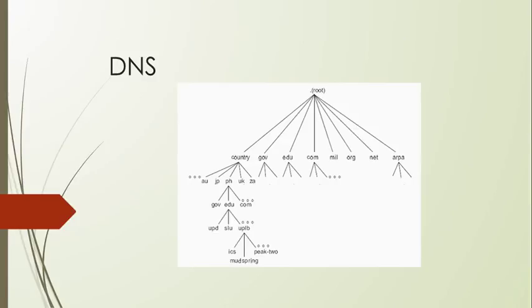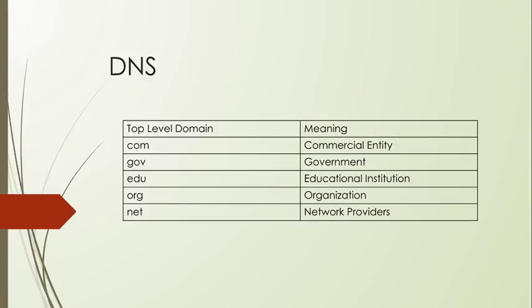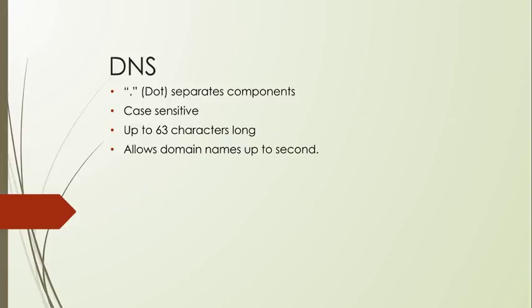So here are some of the top level domains. It's .com for commercial entity, .gov for government, .edu for educational institution, .org for organization, .net for network providers. That separates the components of the DNS.